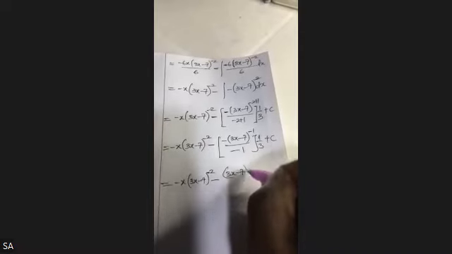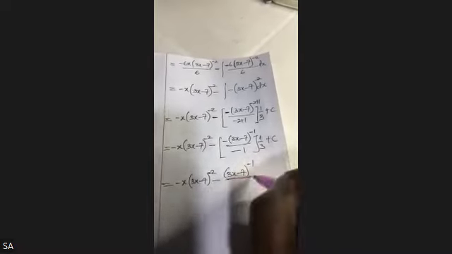As I said, don't multiply it. You can see the minus cancels this minus. So we have minus x into 3x minus 7 raised to the power minus 2, then we now have 3x minus 7 raised to the power minus 1 divided by 3, plus c.